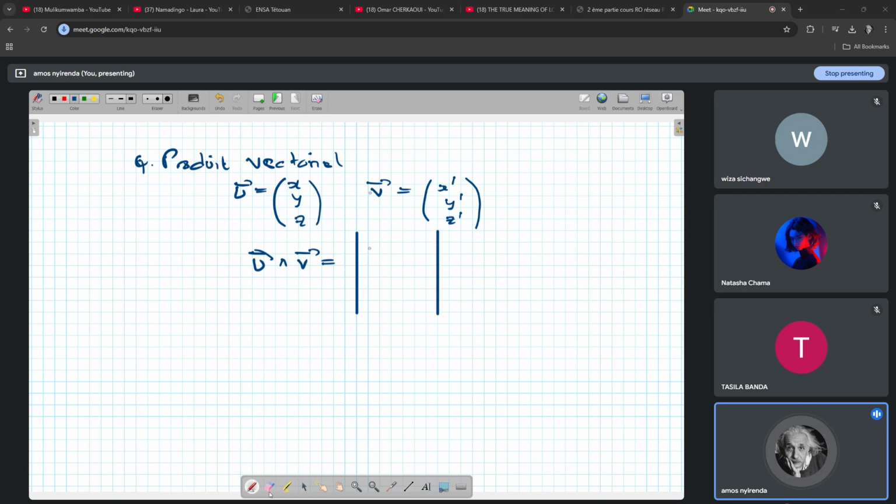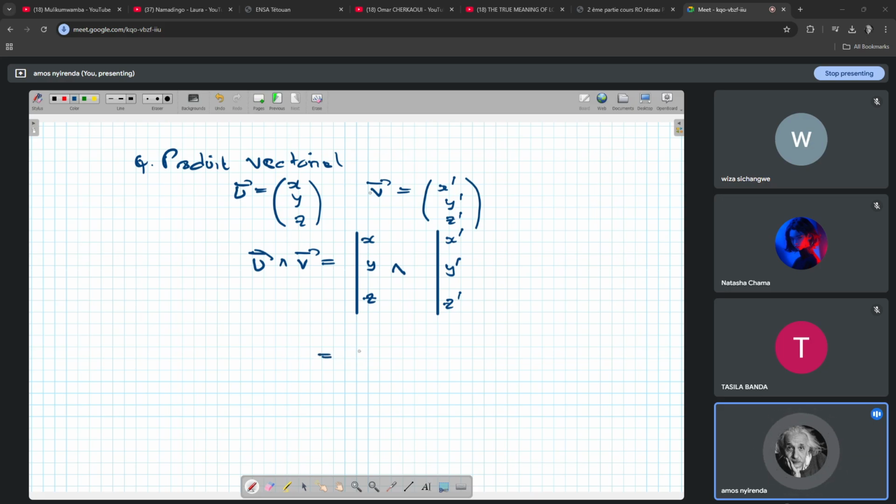Then I'm going to put the symbol here to show what operation I'm taking, so it's a produit vectoriel. And then I'll write the components of the first vector down, X, Y, Z, and then the components of the other vector, that is X prime, Y prime, and of course Z prime. So how do I compute le produit vectoriel?